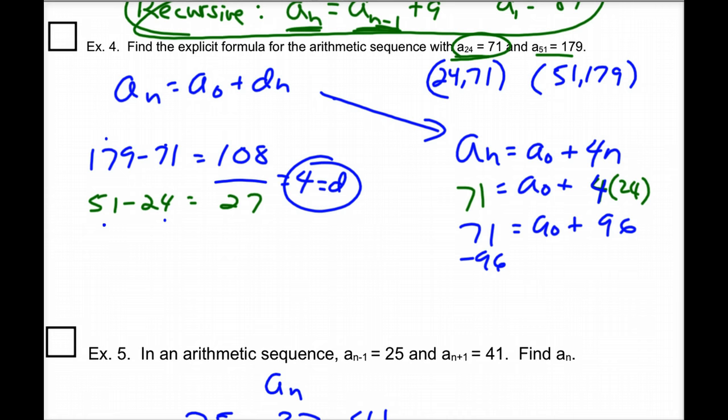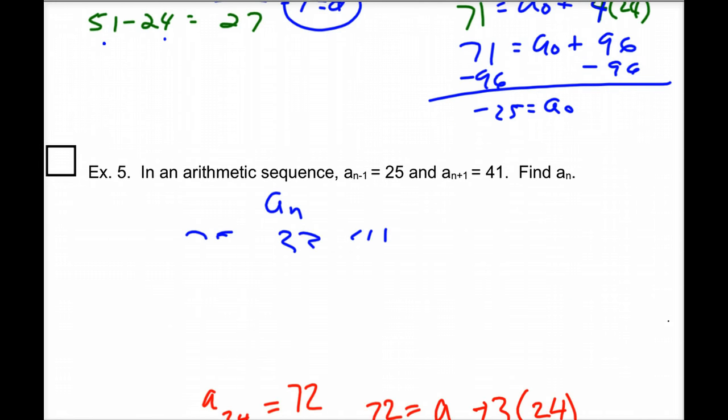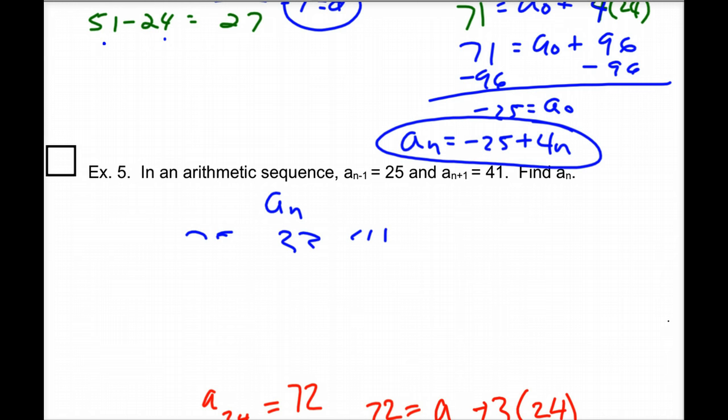Subtract 96. A0 is negative 25. Therefore, a sub n equals negative 25 plus 4n. So you write that final formula, it's got the a0 and it has the common difference in there as well.